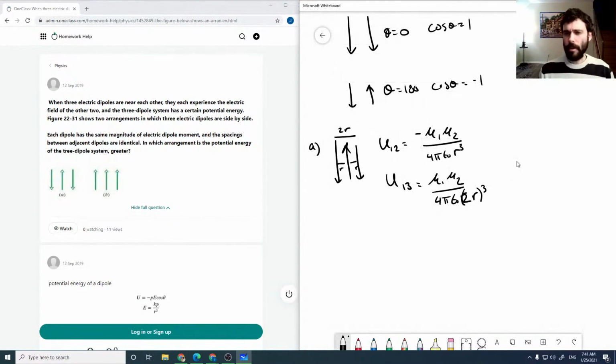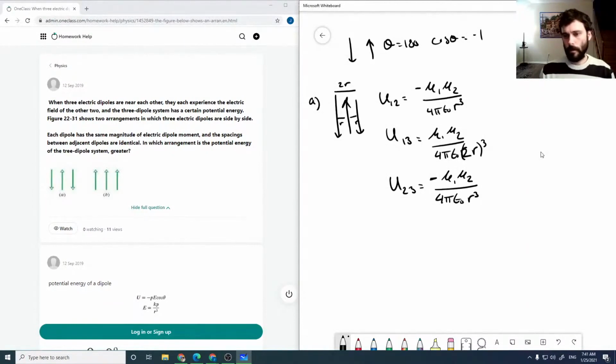And U23 would be minus mu1 mu2 over 4 pi epsilon naught R cubed. So our total would have two of these negatives, and then this positive value.